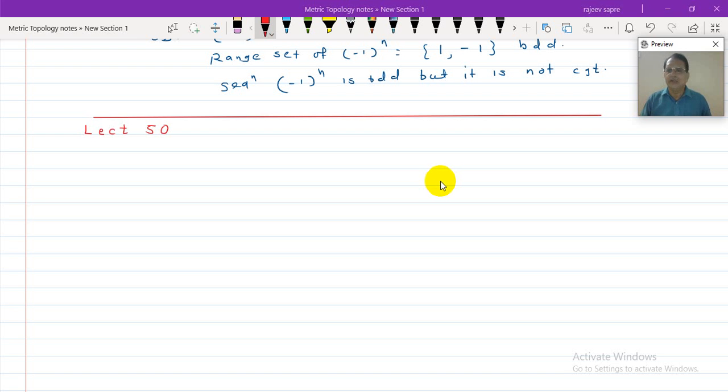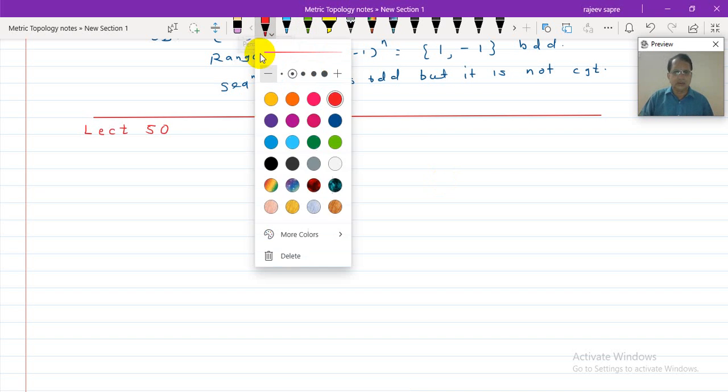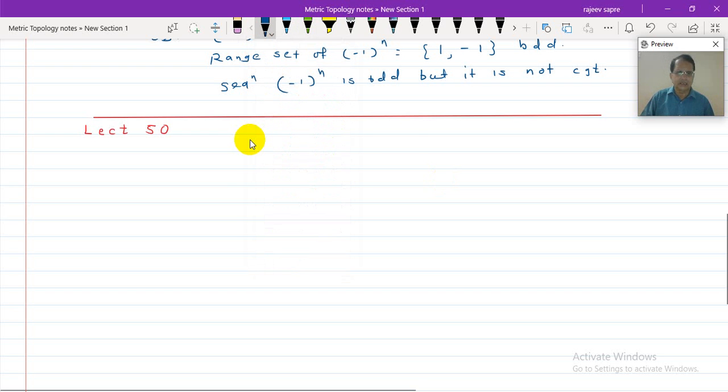So now currently we are discussing sequences in metric spaces. In the previous lecture we discussed what a convergent sequence is, its definition, and we studied what a bounded sequence is.